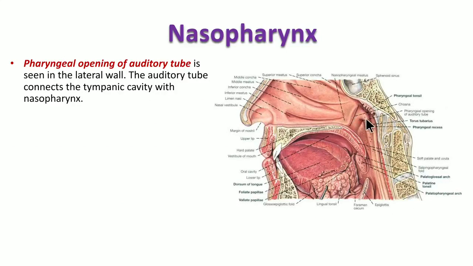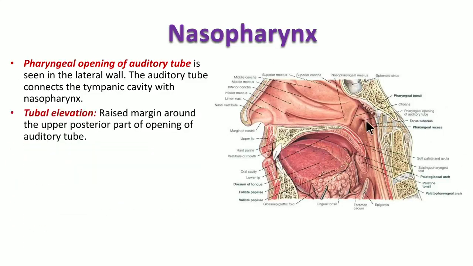It is somewhat triangular in nature, and the other end opens into the middle ear cavity, or the tympanic cavity. The main function of the auditory tube is to equalize the pressure on either side of the tympanic membrane.